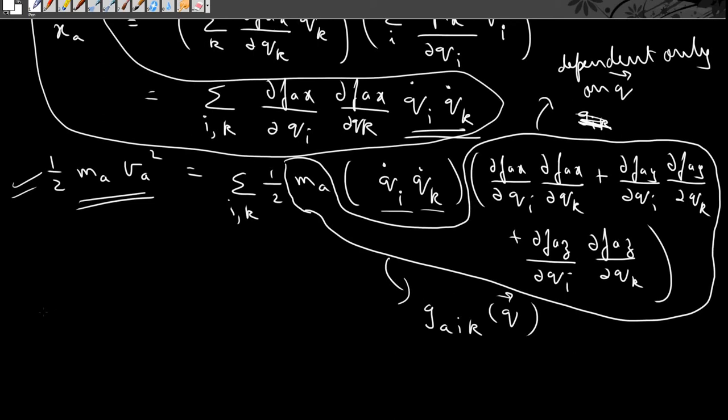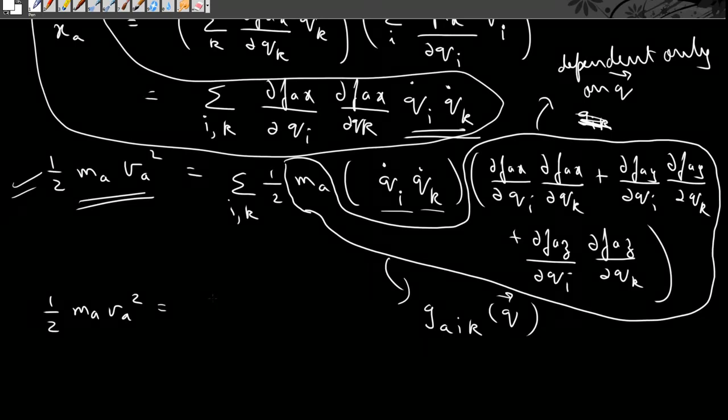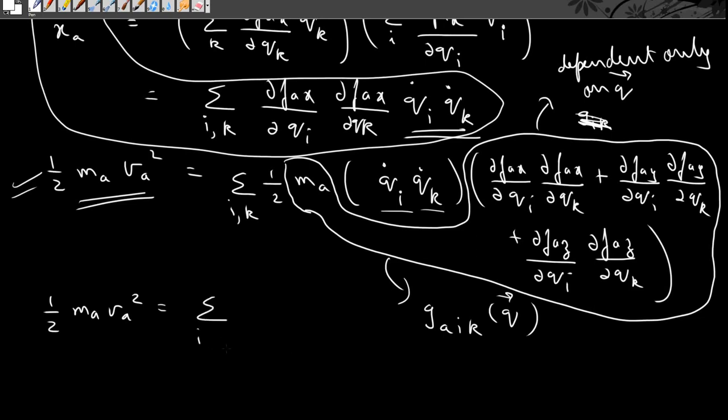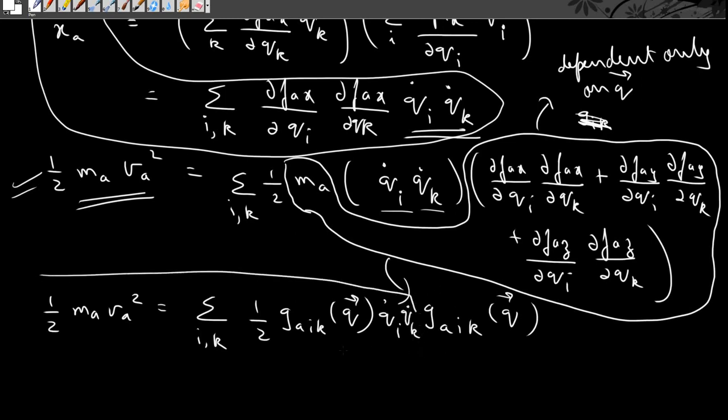So we finally get half m_a v_a squared equal to the summation over i, k of half g_aik, which is a function of q alone, into qi dot qk dot. So this is what we get.